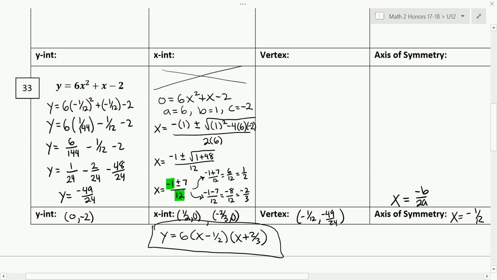I'm getting negative 49 over 24. Anybody else get that? Did I make a mistake?